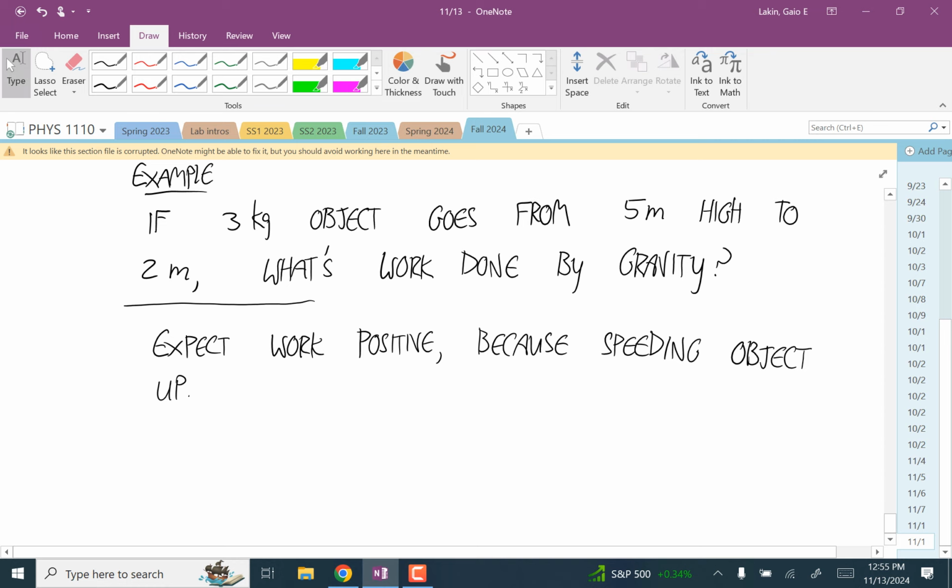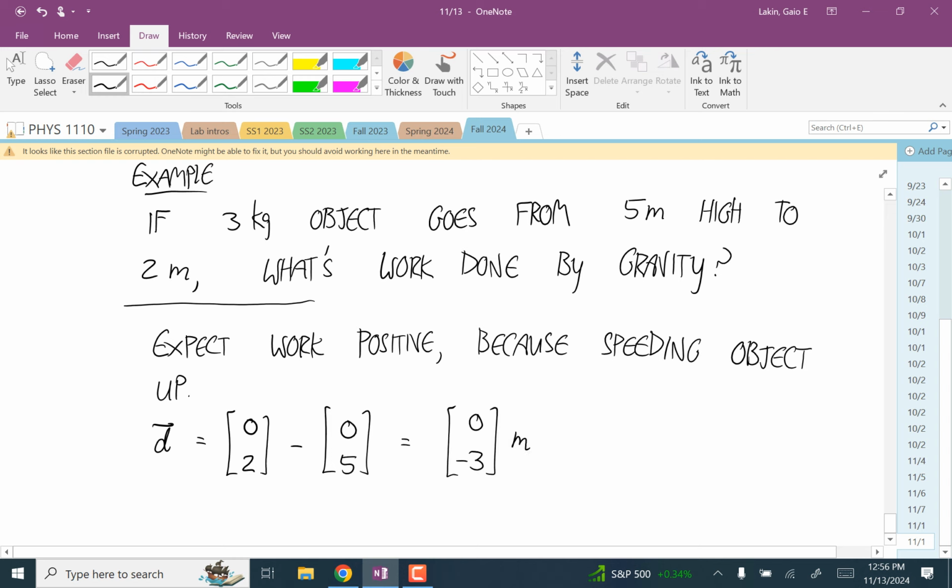Okay, so the calculation, we'll say that the displacement vector, remember displacement is the ending position minus the earlier position. So the ending position is going to be 0, 2. The starting position is going to be 0, 5. And so that displacement vector is 0, -3.